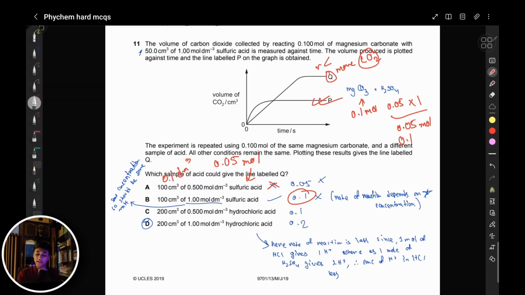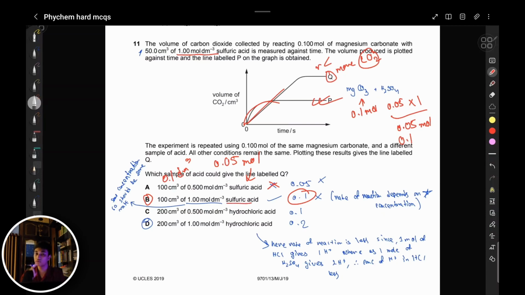However, I mentioned in the beginning, the rate of reaction is different as well. In the initial case, 1 mole per dm cube of sulfuric acid was used. And in the new case, where B is the option we are testing, the same concentration, 1 mole per dm cube of sulfuric acid, is used.